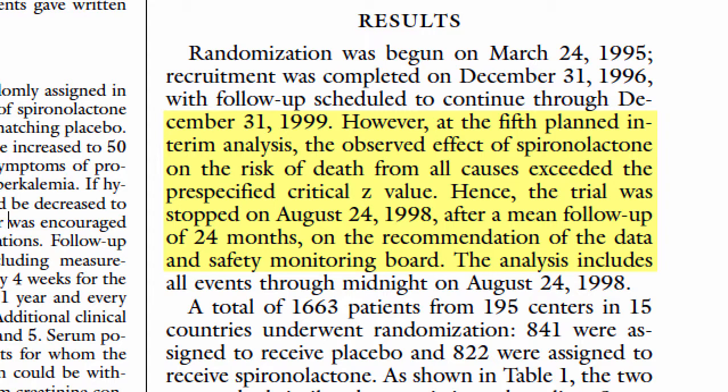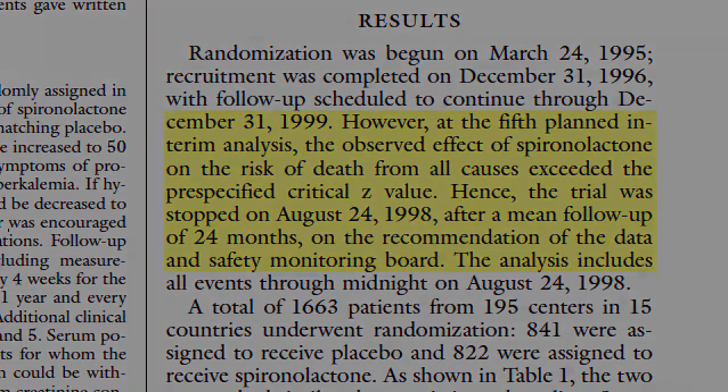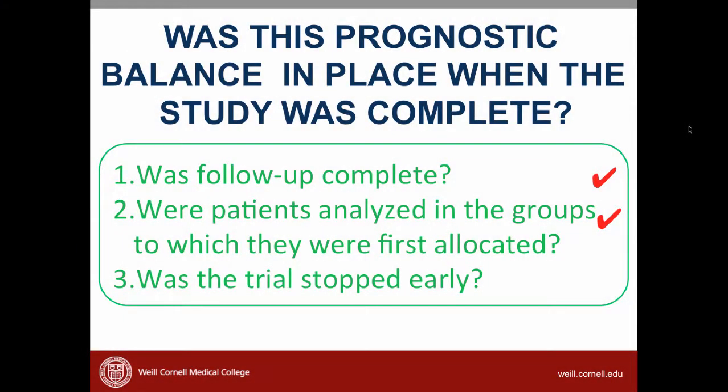Hence, the trial was stopped on August 24th, 1998, after a mean follow-up of 24 months, and on the recommendation of the Data and Safety Monitoring Board." Going back to our checklist, let's give that question an X, because the trial was stopped early.